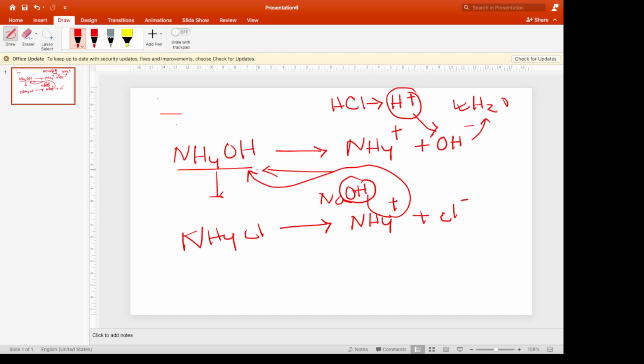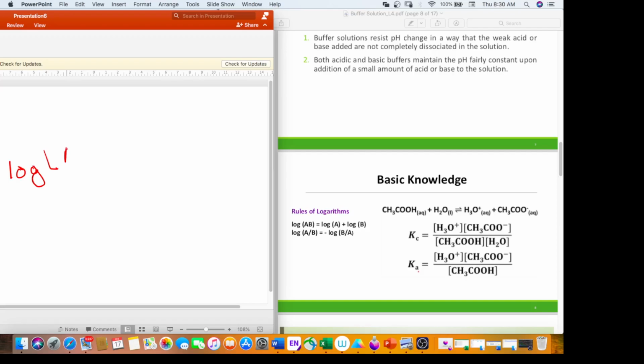And the next rule is log A by B equals minus log B by A. So that means if you shift it, then you have to put a minus sign. Clear? Yes, sir. So simple.